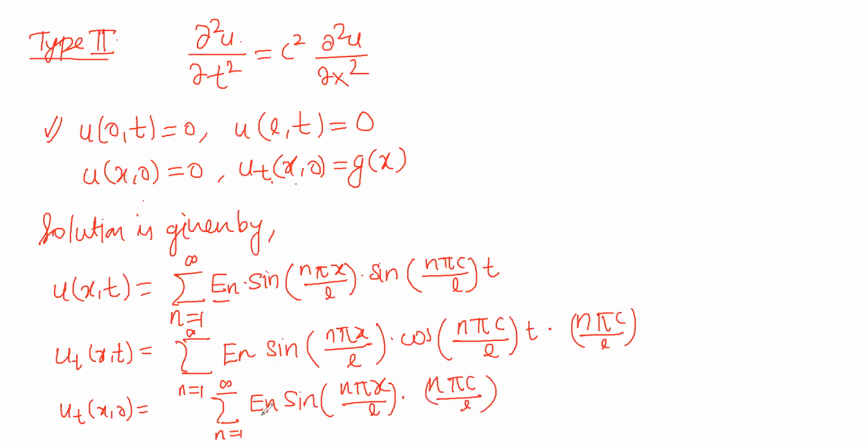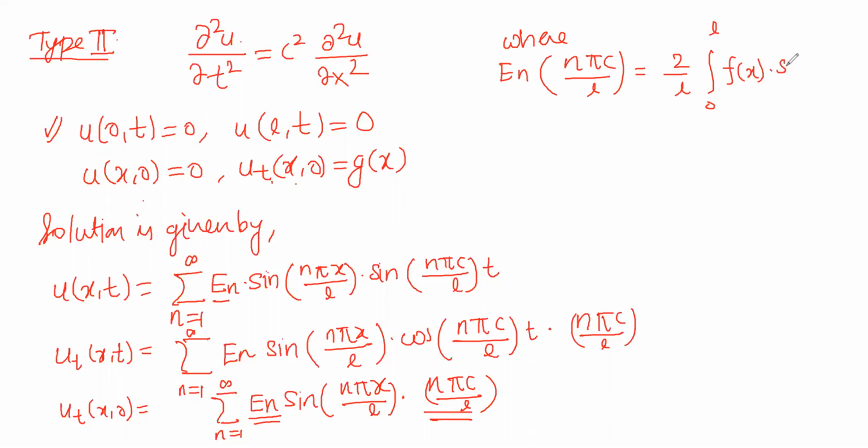And now if you compare this series, it appears to be a Fourier sine series, where this coefficient will be equal to the, that means this coefficient I'm equating, and the rest of the thing is a Fourier sine series. So En times n pi c upon L will be equal to 2 upon L integral 0 to L f(x) into sin(n pi x upon L) dx.